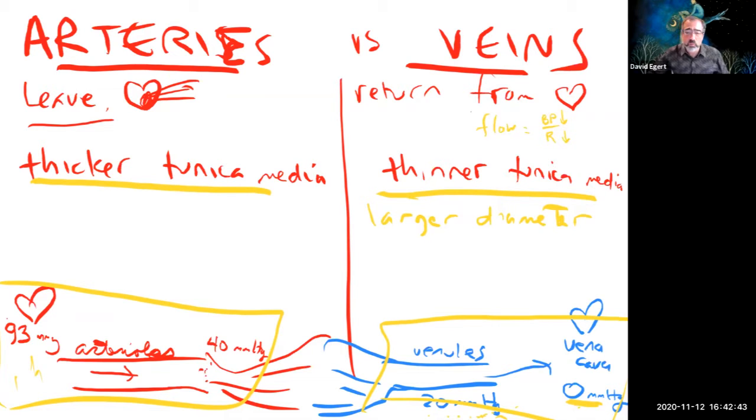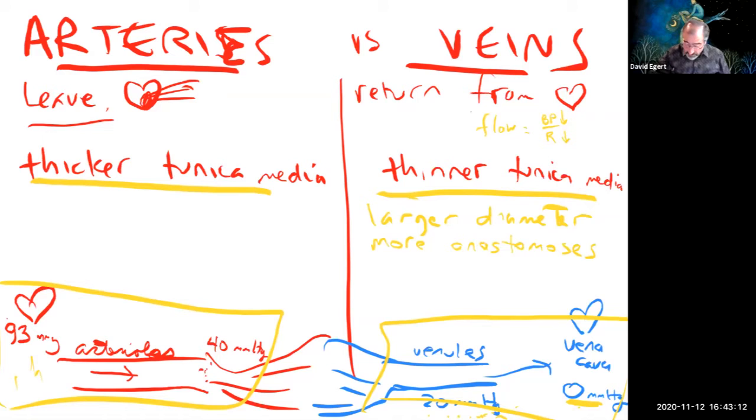There's also going to be way more anastomoses, those multiple paths to the same destination. We talked about the arterial anastomoses in your arm with the radial and ulnar arteries going to the palmar arch, but that's pretty rare. There's a few examples of these on the arterial side.